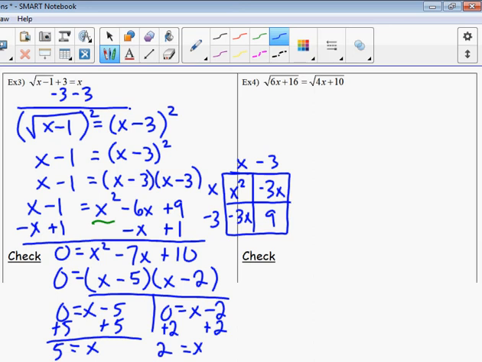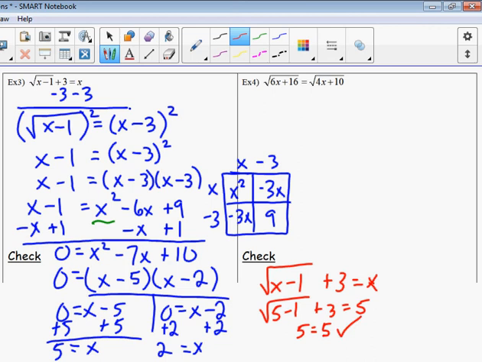So we've got to check both of these answers back into our original equation. So we'll go here, we'll do the check. And when I do the check, I'll write the original equation, square root of x minus 1 plus 3 is equal to x. And I can substitute my x equals 5 in, square root of 5 minus 1 plus 3 equals 5. And I find that 5 will equal 5, and this checks out for x equals 5.